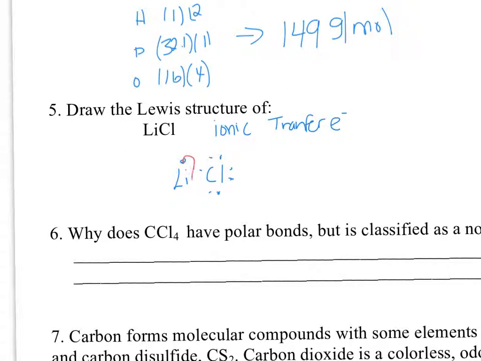And then there's a complete transfer of electrons from the lithium. It gives it up completely. So then I have Li, which becomes a plus because it lost an electron, and Cl, which now has a full octet and is a minus because it gained that electron.